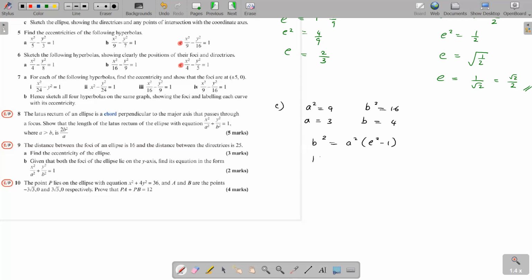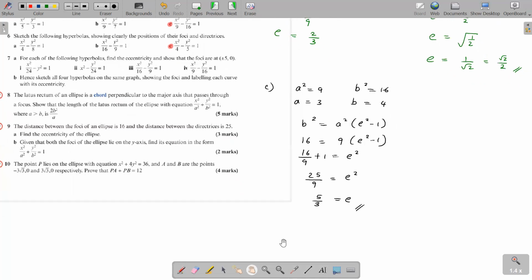So b square is 16, a square is 9, e square minus 1. 16 over 9 plus 1 equals e square. So this is 25 over 9 equals e square, which means e is root of 25 over 9, which is 5 over 3. Is that okay? e is 5 over 3.